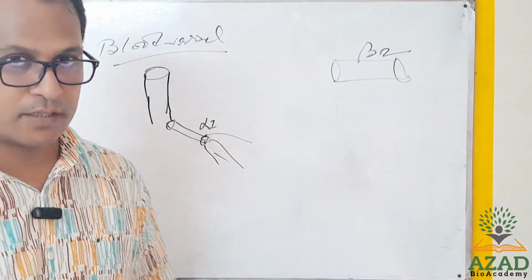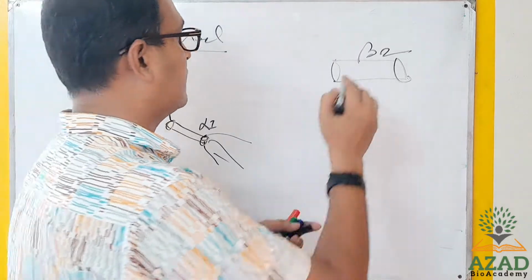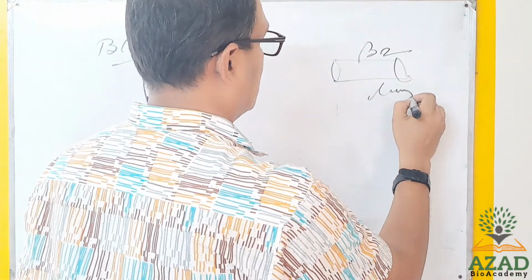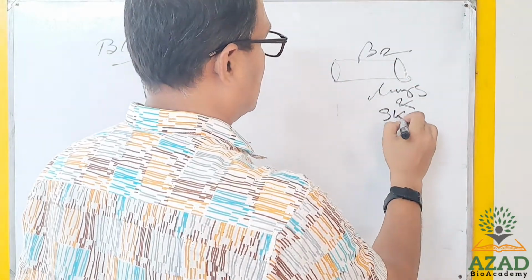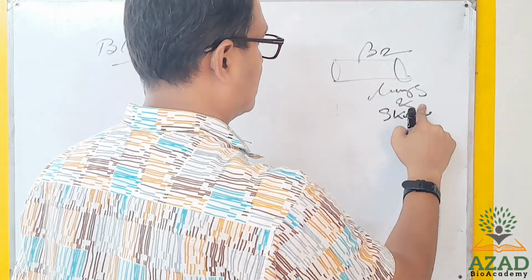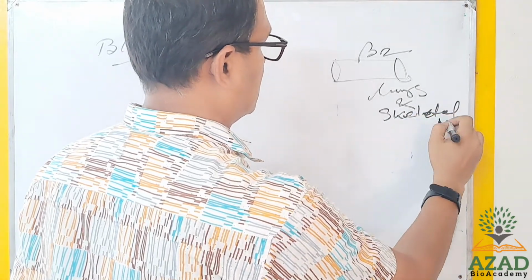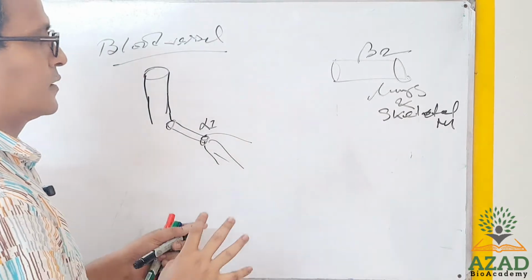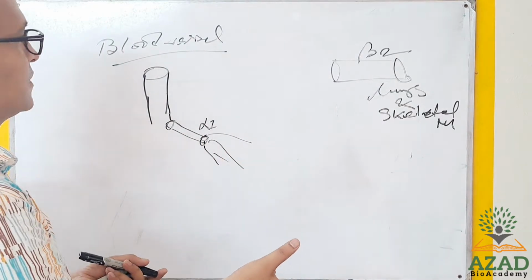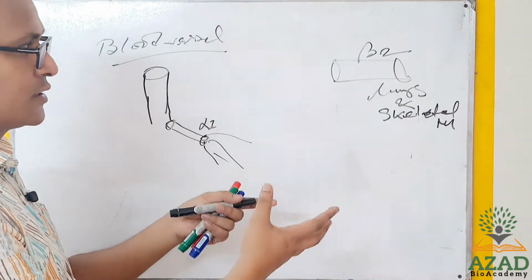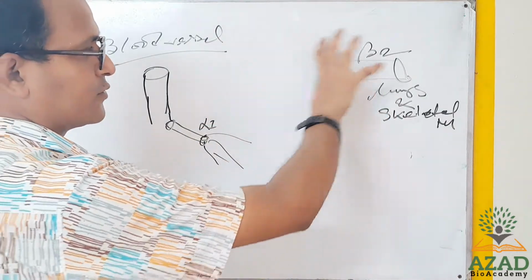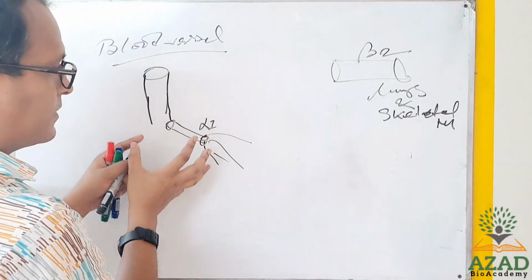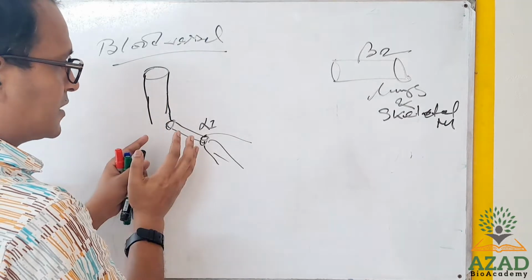Beta 2 receptor is very much rich in the blood vessel of lungs and skeletal muscle. Okay, and what will happen in emergency situation? Lungs and skeletal muscle blood flow is to be more, and here blood flow is to be limited.